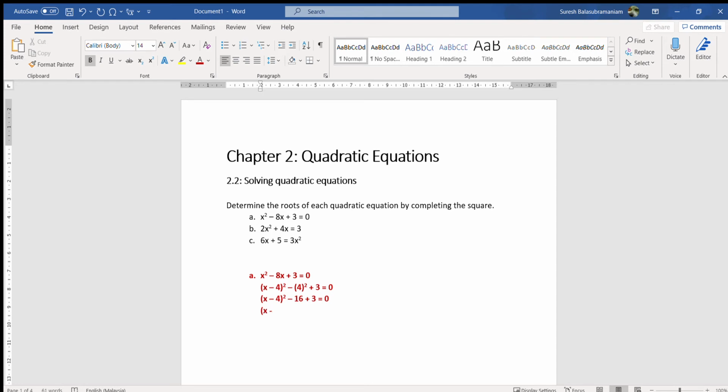X minus 4 squared, minus 16 plus 3 is minus 13, equals 0.